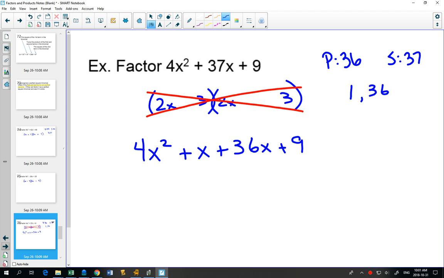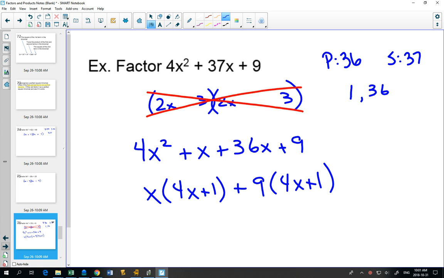Take the first two, what's in common in the first two? An x, leaving you with 4x plus 1. Is there something common in the second two that if I factor it out, I also get a 4x plus 1? A 9. And now in those two terms, there's a 4x plus 1 in common. You can factor that out, leaving you with an x in the first plus 9 in the second one.